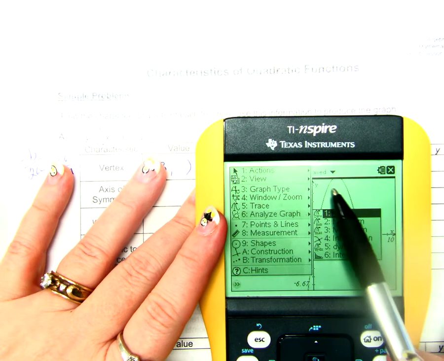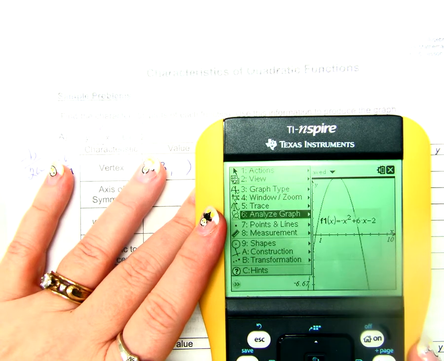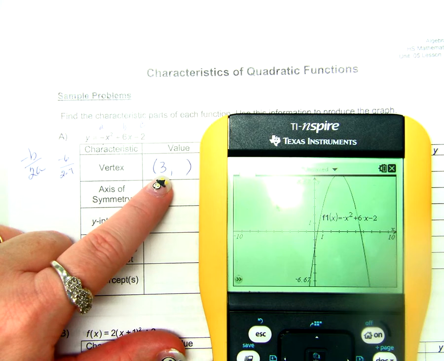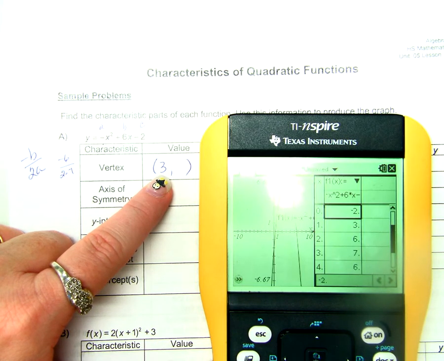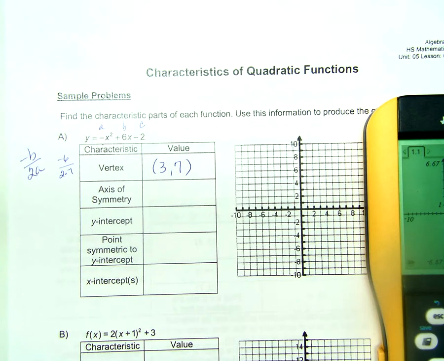It's actually not shown on the graph right now, so I'd have to be careful of that. I may need to change my window. But I don't want to do that because I already know part of my vertex. I already know the x is 3. So what happens now if I go Control T? If I know x is 3, what's y? 7.